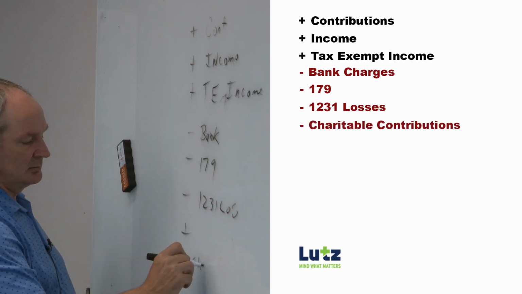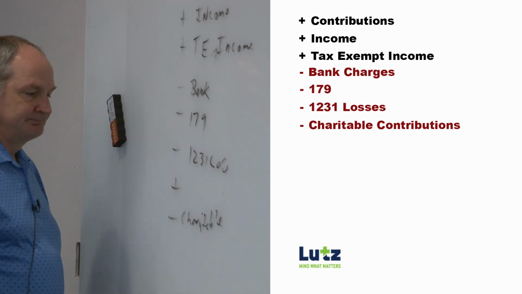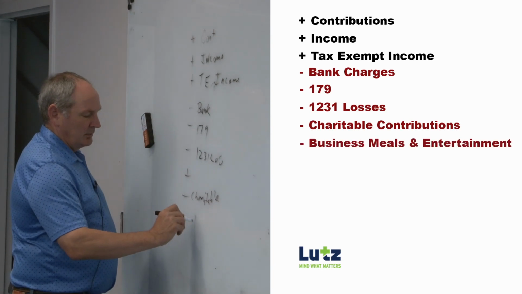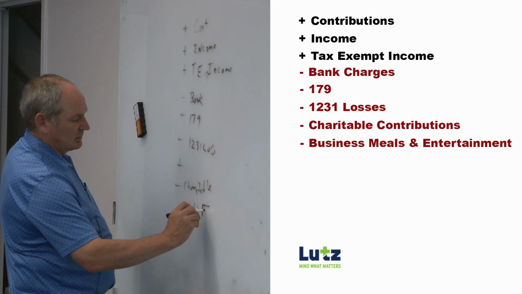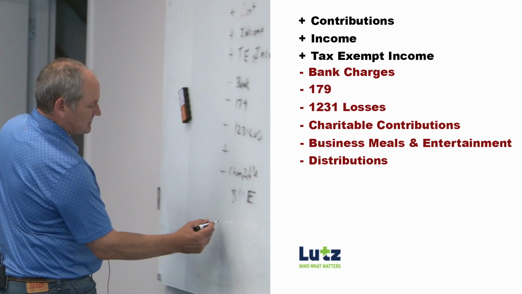Charitables. Meals, business meals, and entertainment. Yeah, your non-deductibles. There's all these items that are going to increase and decrease basis. And then distributions.